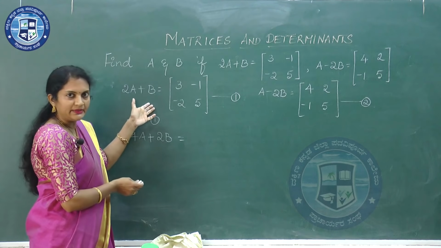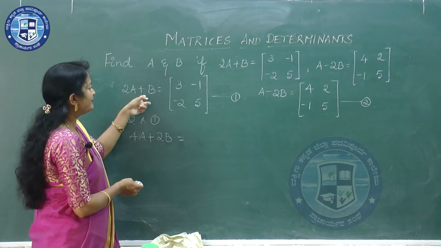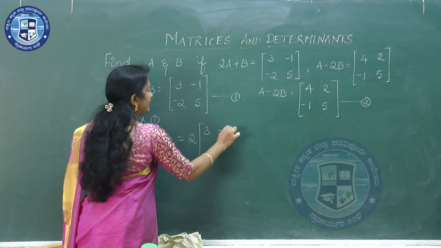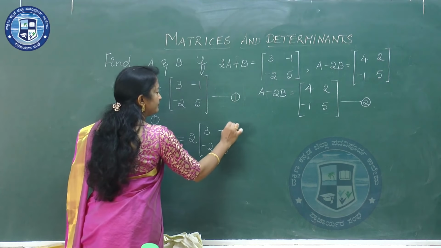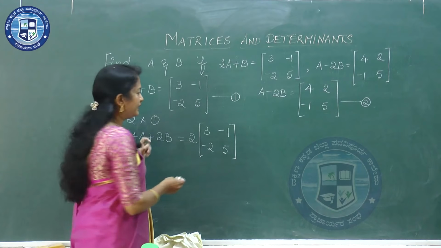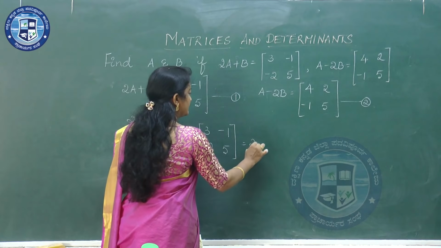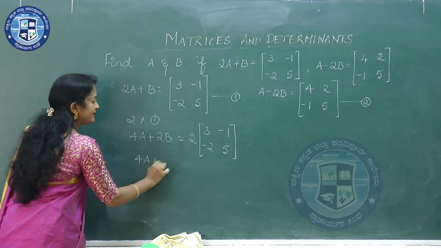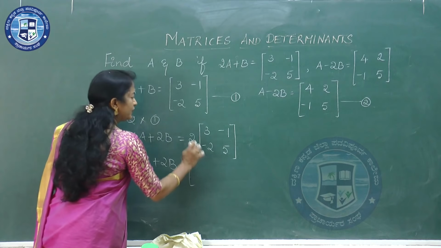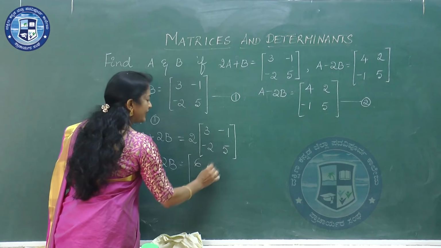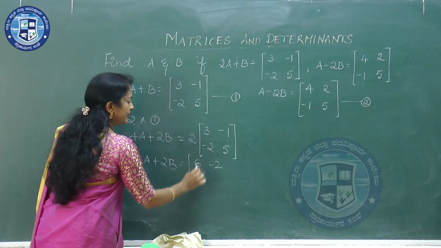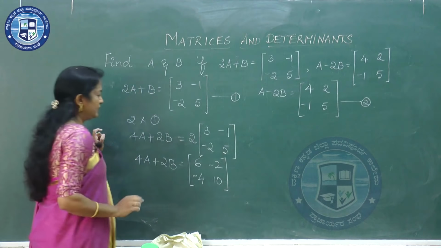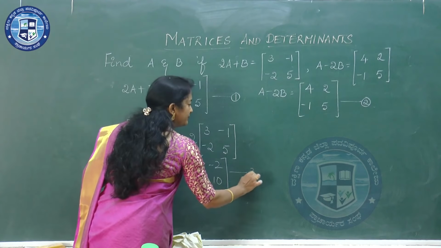So the LHS is multiplied by 2. 4A plus 2B is equal to 2 into the matrix 3, minus 1, minus 2, 5. When we multiply, we get 4A plus 2B is equal to 2 into 3 is 6, 2 into minus 1 is minus 2, 2 into minus 2 is minus 4, 2 into 5 is 10. Call this equation number 3.